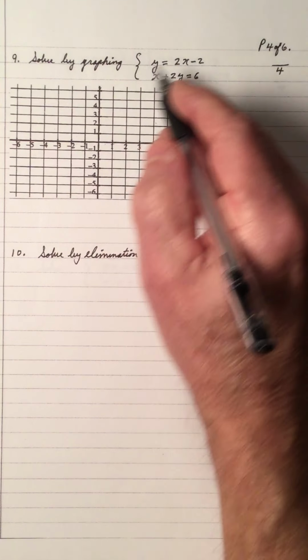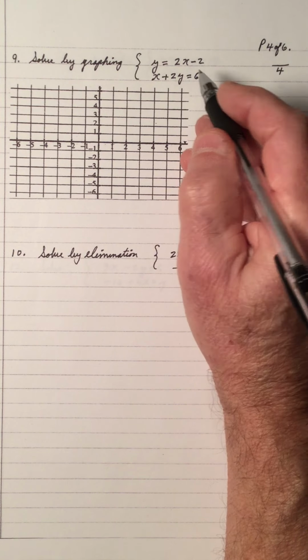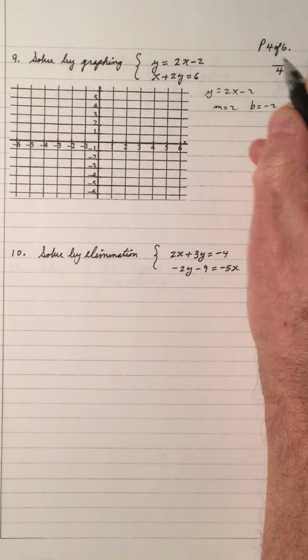Number 9, solve by graphing. That means we have to graph both equations. Let's look at the first equation and graph that one. We have a slope of 2 and a y-intercept of -2.